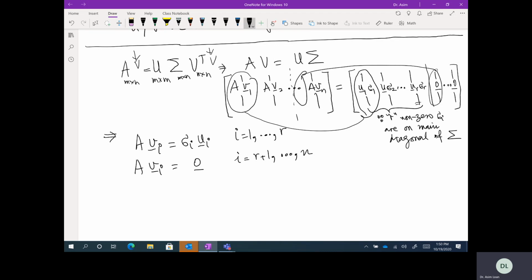So this implies the null space of A spans V(R+1), V(R+2), up to Vn.